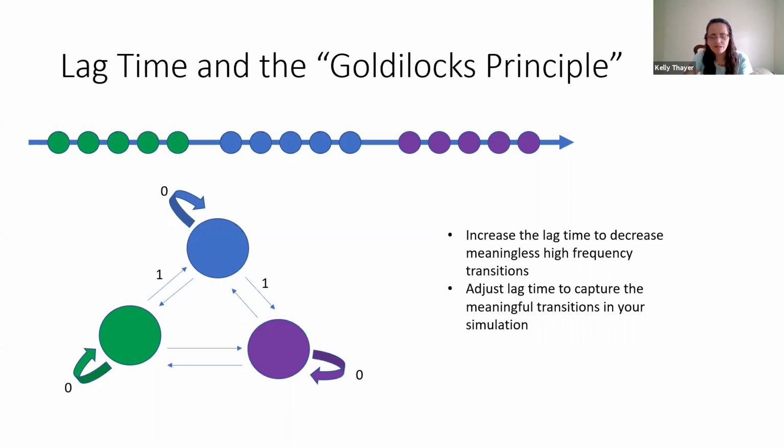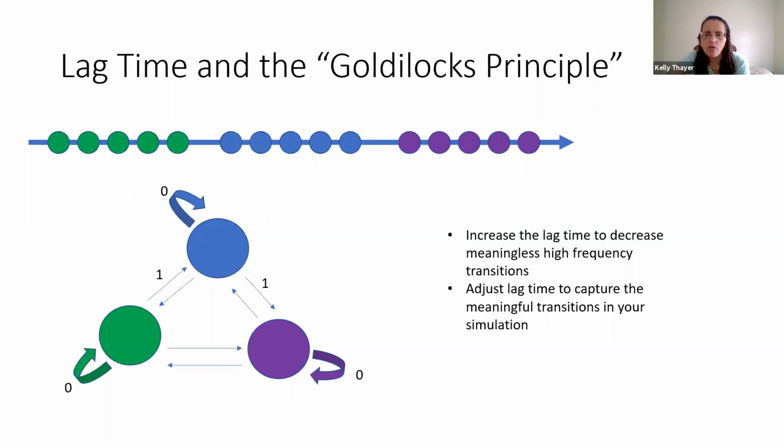Eventually Goldilocks discovers that baby bear has a bed that's just the right size, and she falls asleep in his bed, and the three bears come back and discover Goldilocks there. But the Goldilocks principle basically means choosing something that's not too big and not too small, but just the right size for what we want to do.